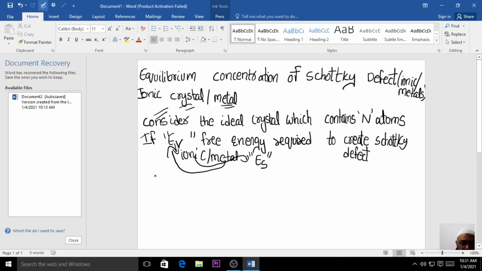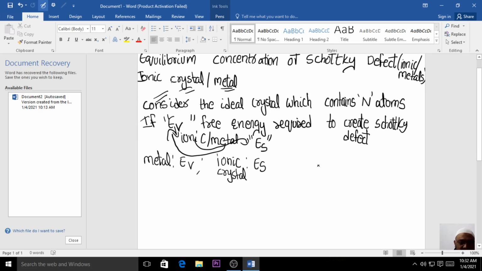Regarding the metal, you find only this difference: we take it as E suffix V, and for an ionic crystal we take it as E_S. So if the examination asks about an ionic crystal, you have to replace E_V with E_S, and use E_V for metal.